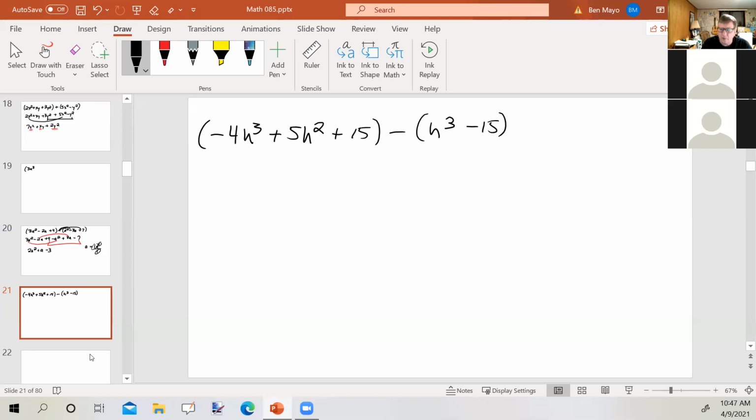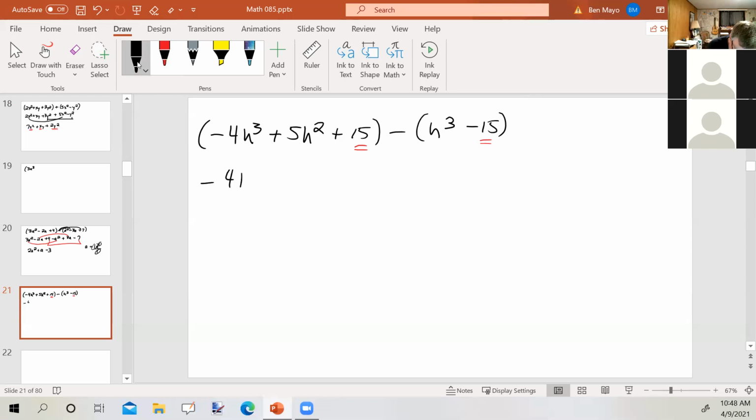For instance, I said earlier don't try to combine like terms within two different groups until you've gotten rid of the grouping symbols. We might look at this and say, oh, 15 minus 15 is 0. But in fact, in the process of getting rid of that second set of parentheses, that minus 15 is going to become a plus 15 because we're subtracting it. So get rid of the grouping symbols first, okay?